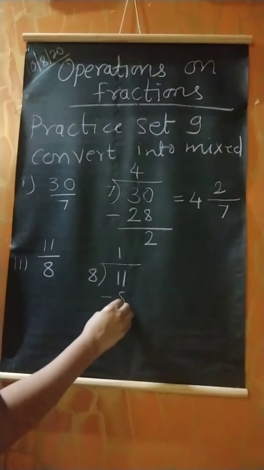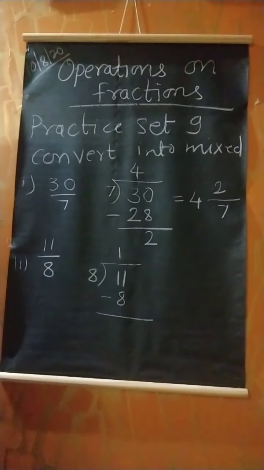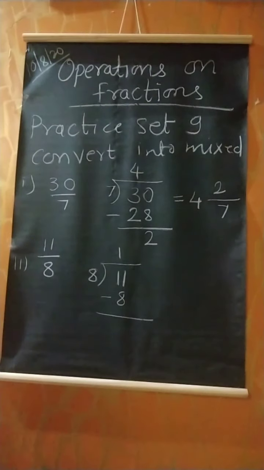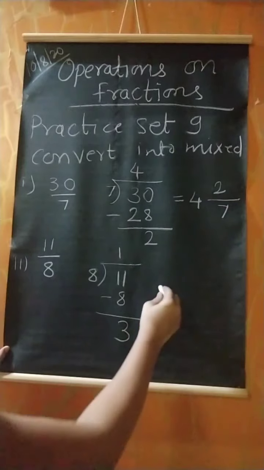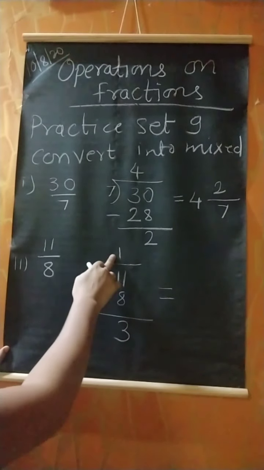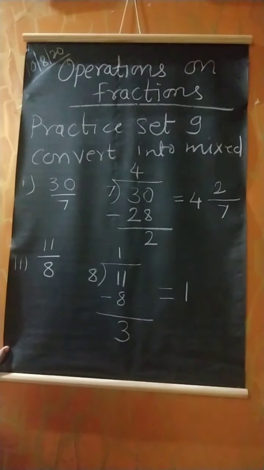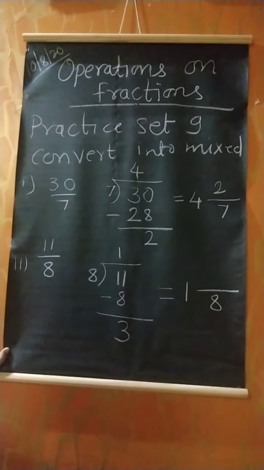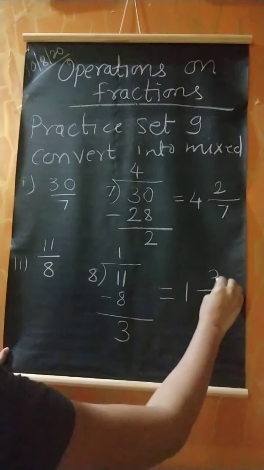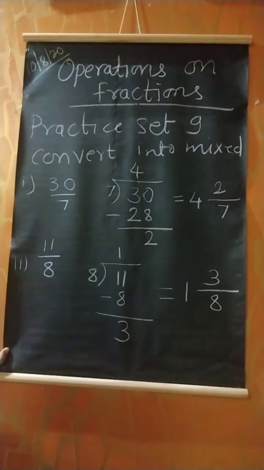So subtract 8 from 11. What is your answer? 3. And how to write this mixed number? 1 as a complete number. Put a horizontal line. Write your divisor as the denominator and your remainder as the numerator. Understand?